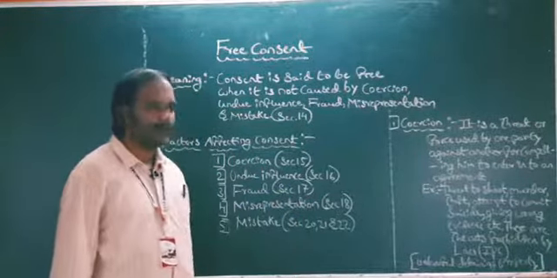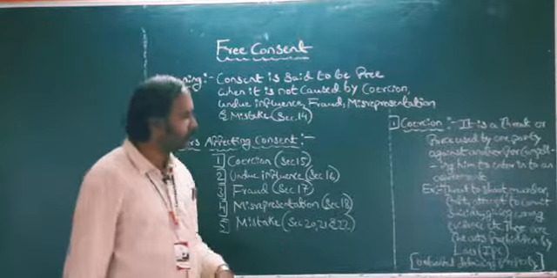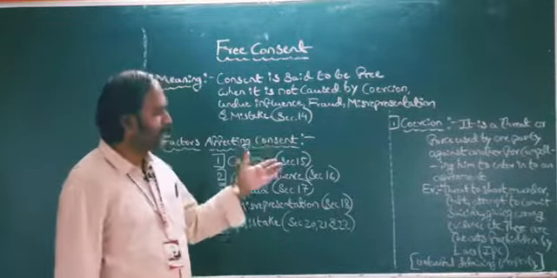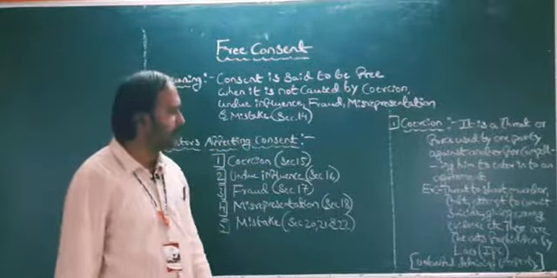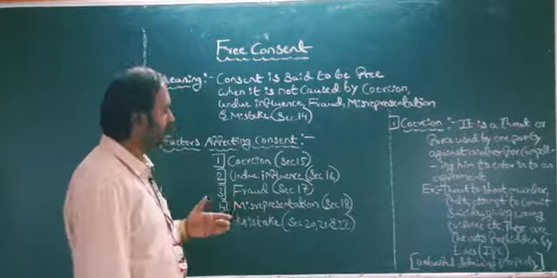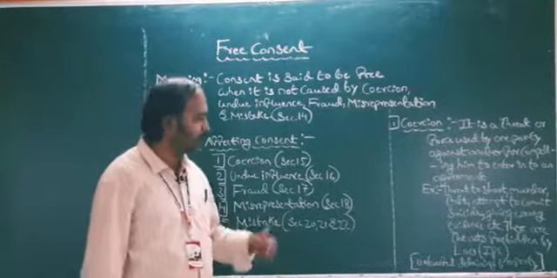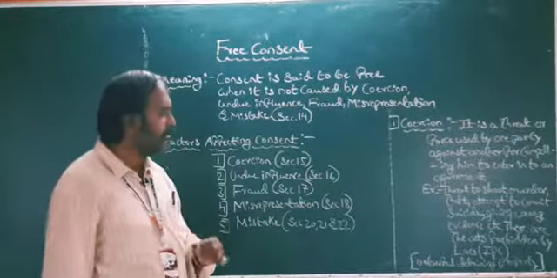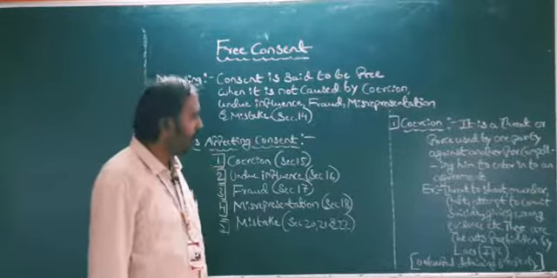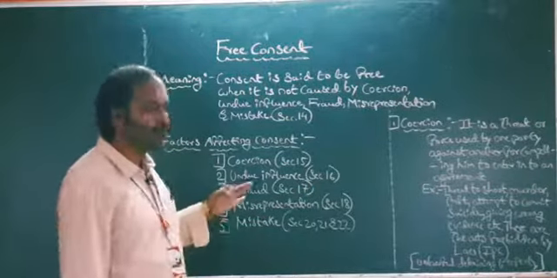What kind of examples do we see in coercion? Usually the acts given here are those forbidden or prohibited by the IPC, the Indian Penal Code. Let us see one by one. The first one is a threat to shoot.